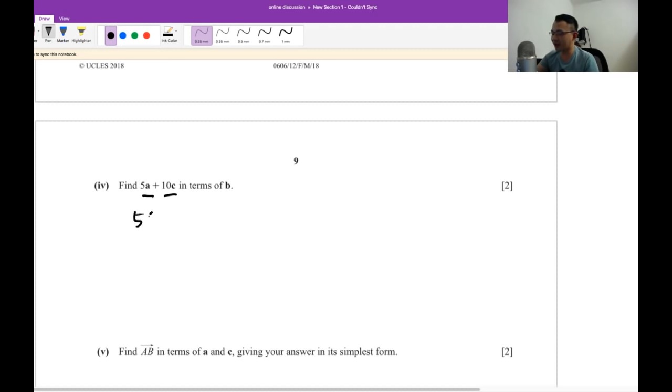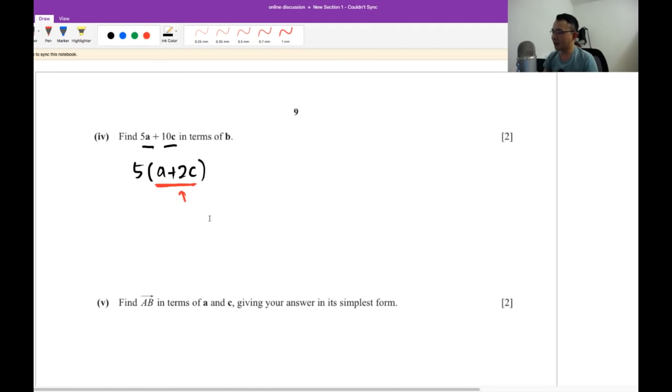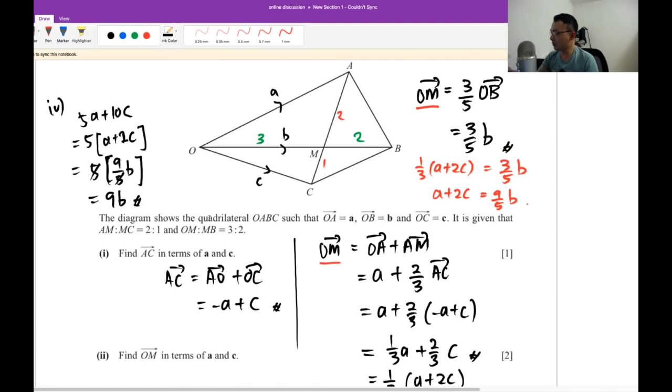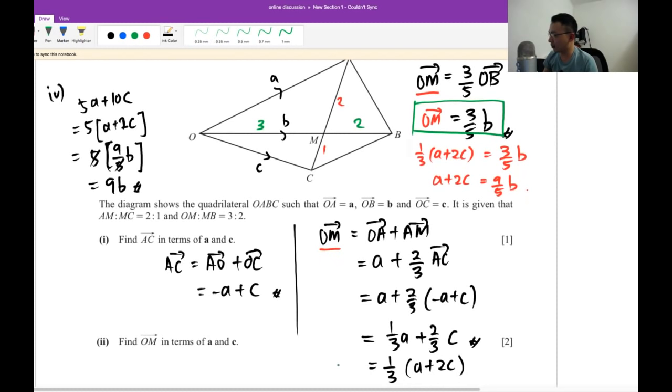So I factorize out 5, I get A plus 2C. And right now my objective is to find out, do I have any vector related to A plus 2C? In part 3, we just did OM. Do you see my OM? This is two of my OM, right? I substitute the OM into the OM. That means the 1 over 3 of A plus 2C, I substitute into here.